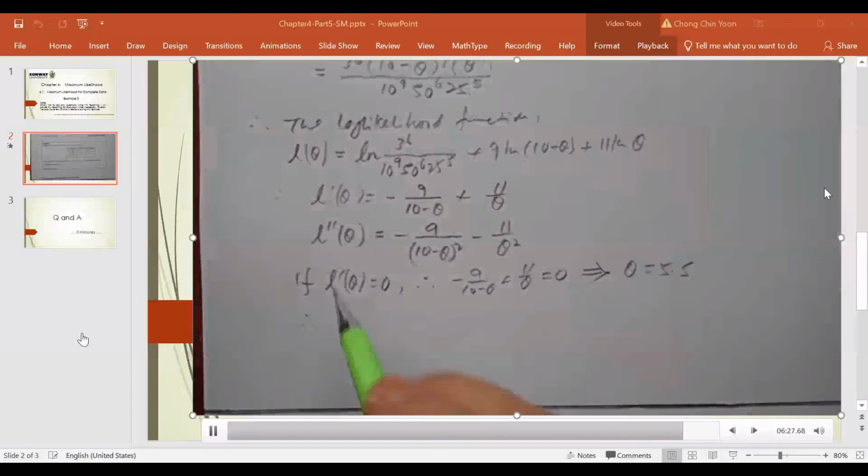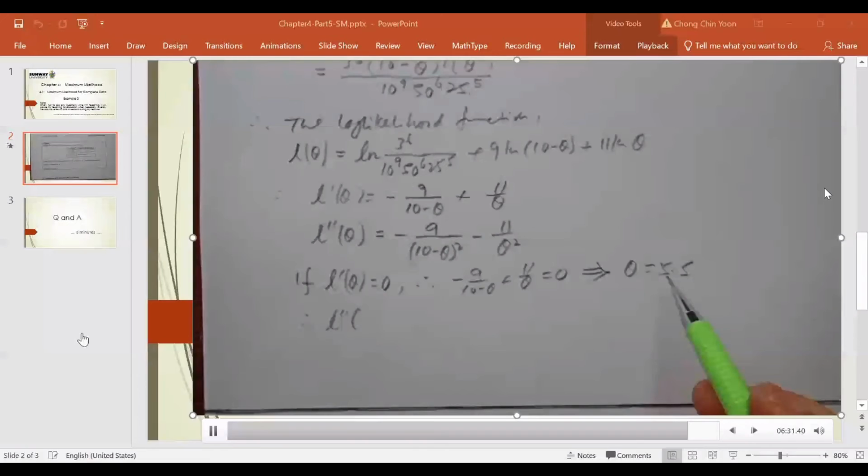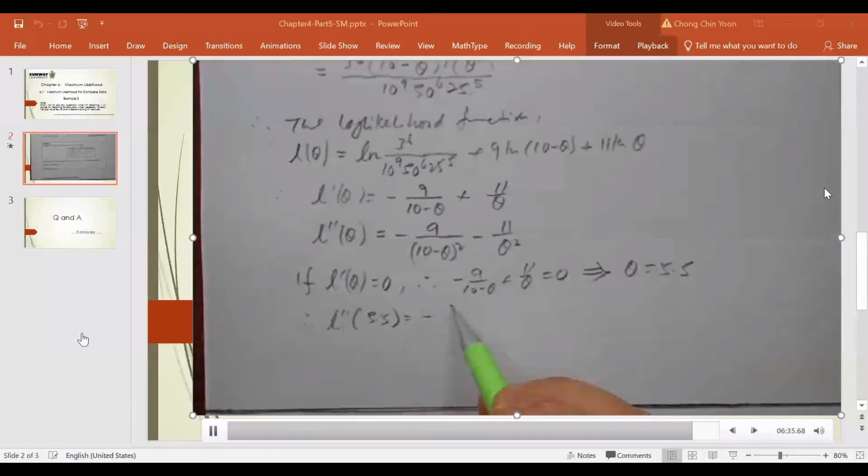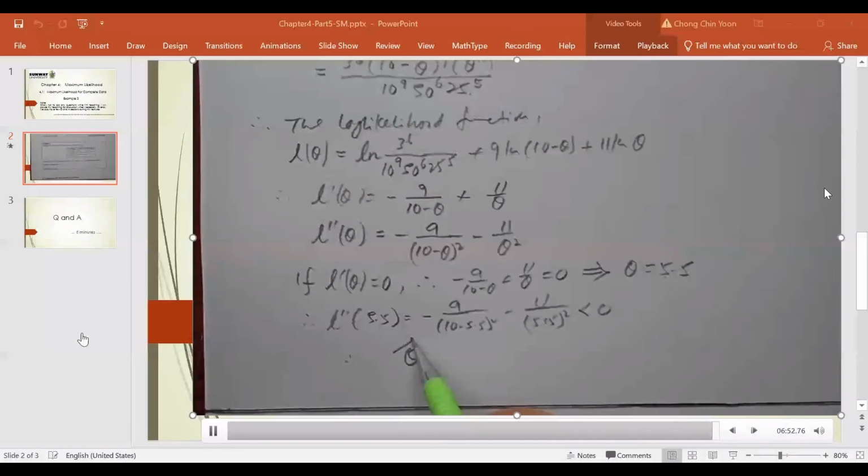So therefore, the second order at 5.5, which equals this value, which is negative, and therefore the estimate of θ equals 5.5 under MLE.